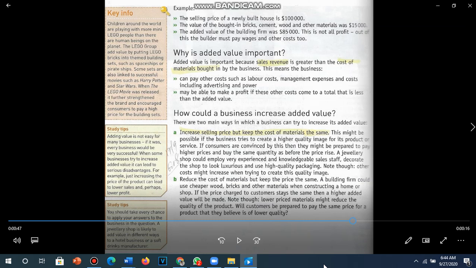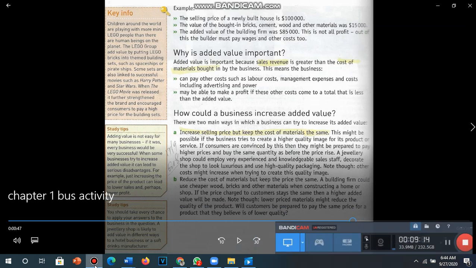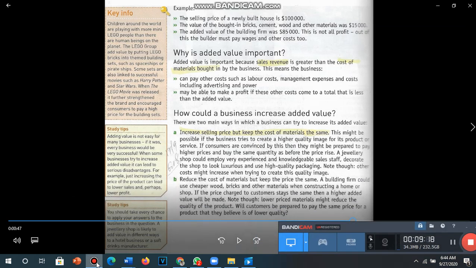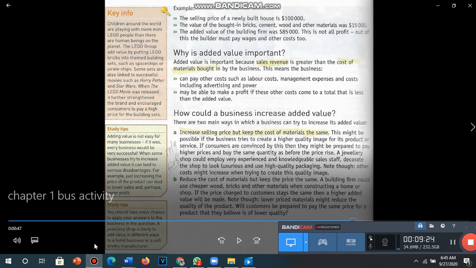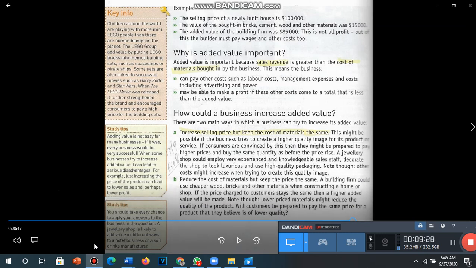So with 40 cents per cupcake, that will be your expense. Now, if you plan to sell your cupcake for $2 each or 2 reals each, you'll have an added value of how much? $2 minus 40 cents is $1.60.